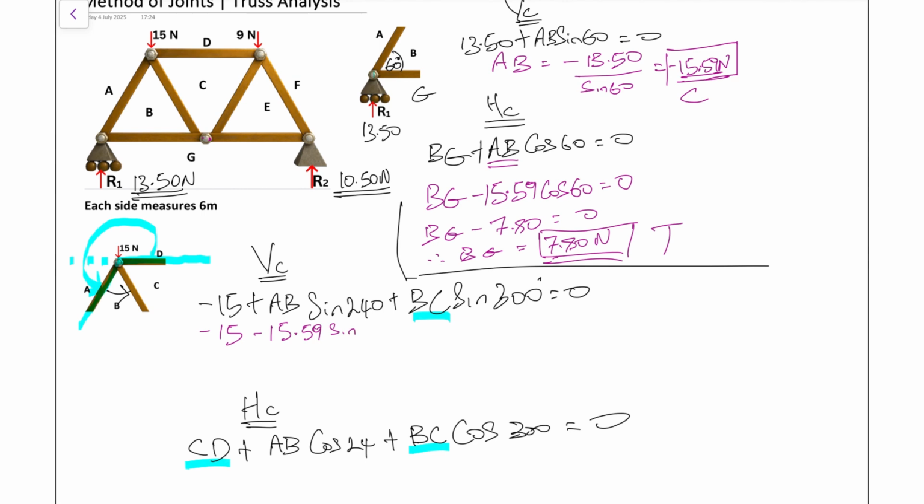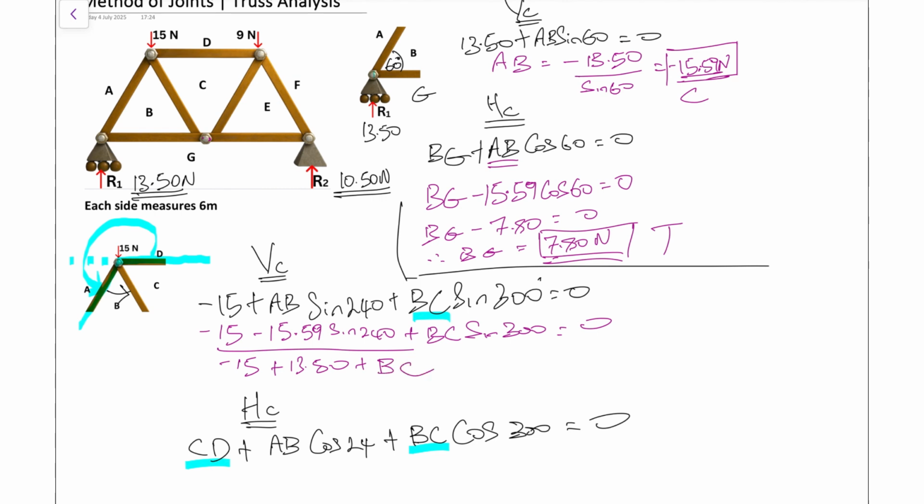That's sin 240. We don't know what BC is, so we're just going to have plus BC sin 300 equals 0. So what we have to do now is work out all of this bit right there, and that's simply minus 15, and if we put that bit in the calculator, we get plus 13.50.